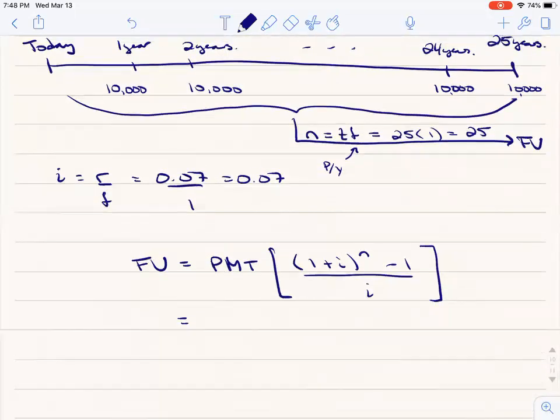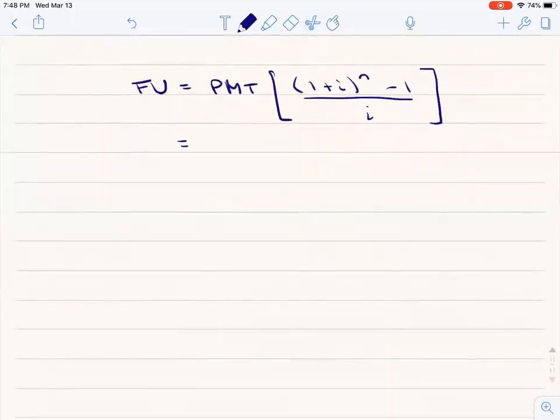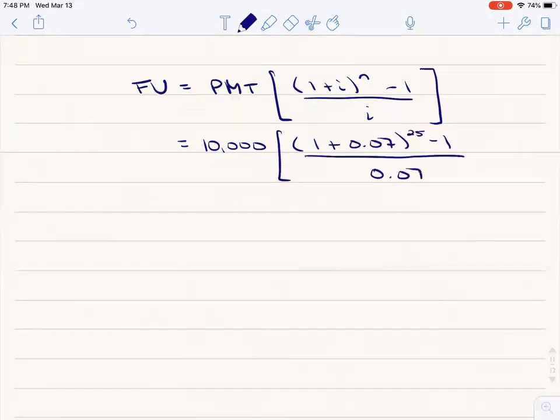We know PMT is 10,000, I is 0.07, and N is 25. So we can just plug these in and solve for the future value: 10,000 times 1 plus 0.07 to the power of 25 minus 1 over 0.07.